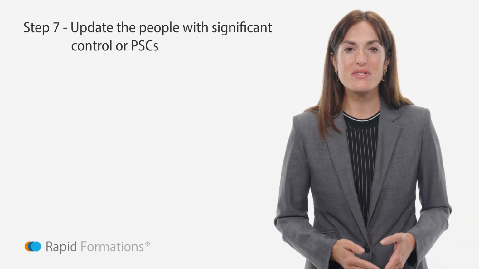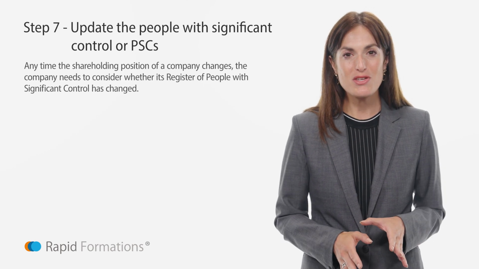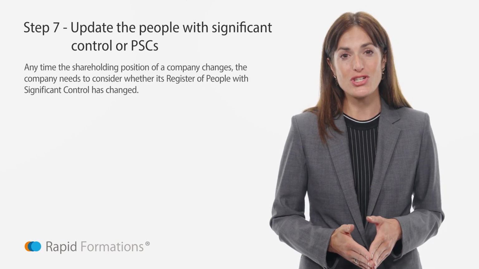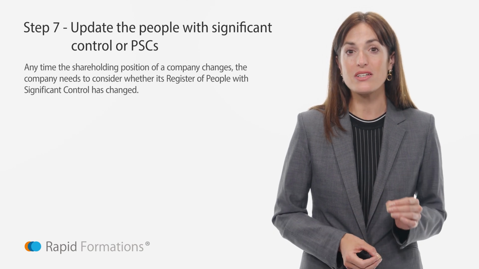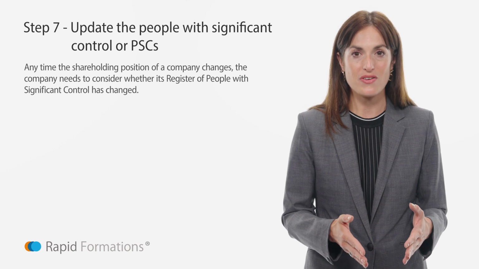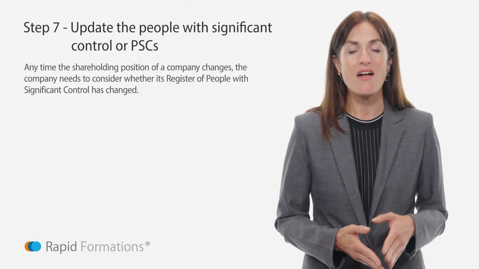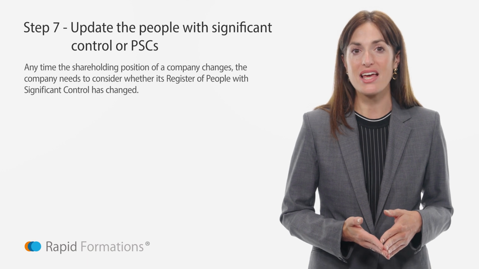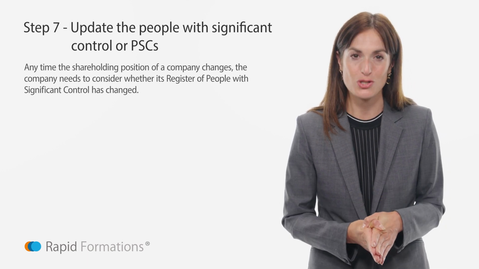Step 7 is to update the people with significant control, or PSCs. Anytime the shareholding position of a company changes, the company needs to consider whether its register of people with significant control has changed. For example, if the transferee of the transfer now holds more than 25% of the shares issued in the company, the directors will usually need to update their PSC to identify them as being a person of significant control.